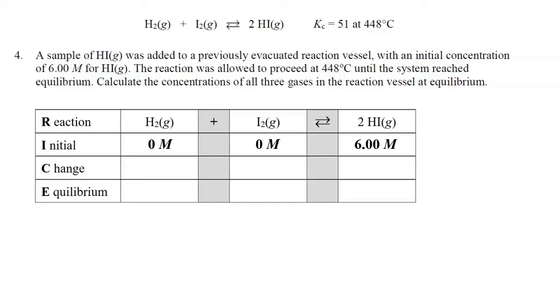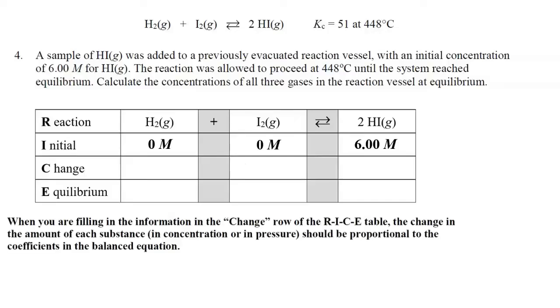As the system approaches equilibrium, it must proceed from right to left, from products to reactants. So the concentration of hydrogen must increase, the concentration of iodine must also increase, and the concentration of hydrogen iodide must decrease as the system approaches equilibrium.